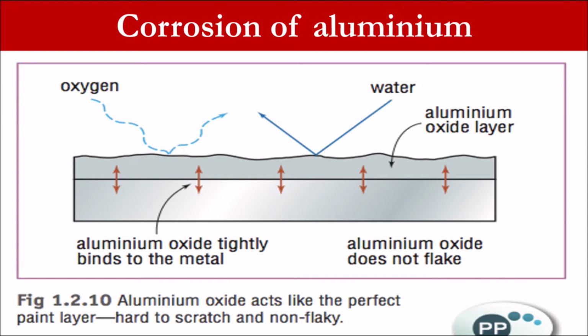Now let's have a look at aluminium oxide, and you can already see there's a massive difference in terms of the structure. Aluminium doesn't flake, or at least it won't cause the oxide layer to become flaky. As a consequence, once it has formed that oxide layer, oxygen can't enter, water moisture can't enter, so there is no additional corrosion that will occur inside the piece of metal.